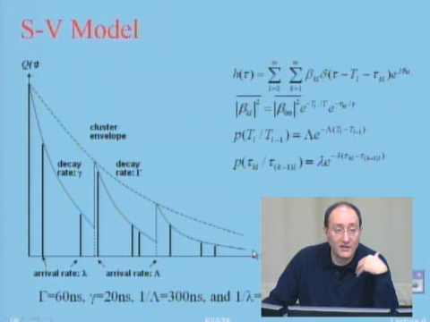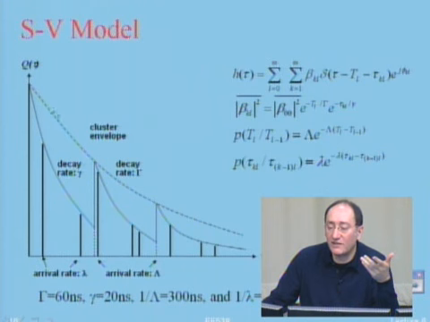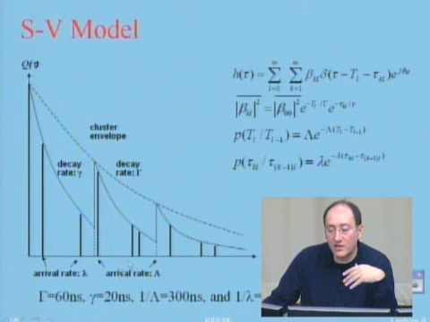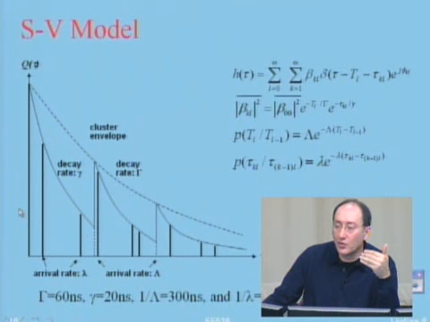Do you follow? So I have 2 exponential decays, one within and one outside, and 2 arrival rates, one for the clusters and one for the rays within the clusters. With those 4 parameters, this is my delay power spectrum, which is up to here.